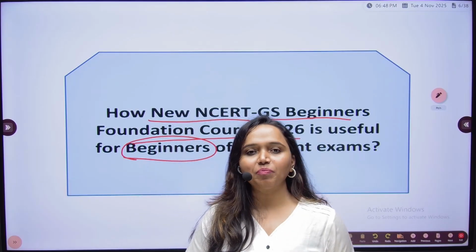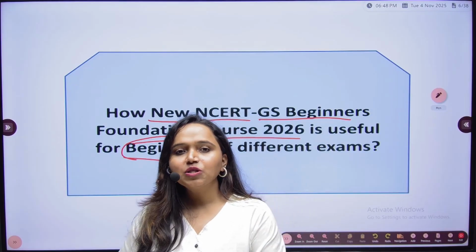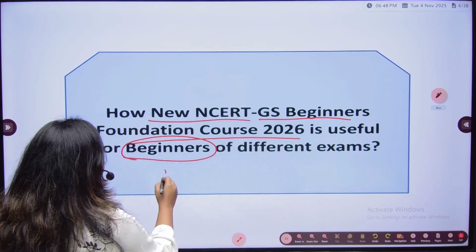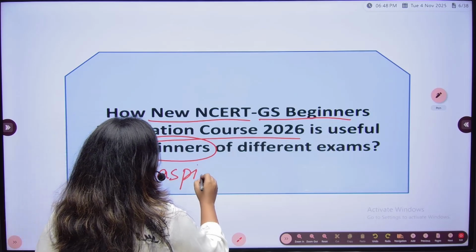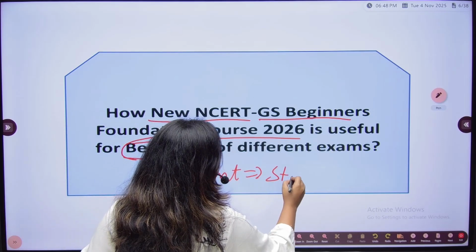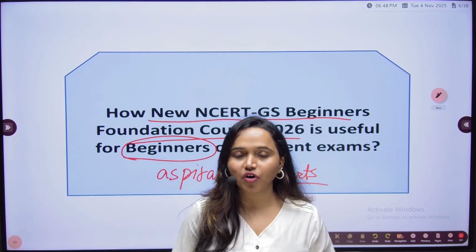The only thing that matters is at what time that person starts preparing for different exams. So when an aspirant starts preparing for an exam, then he or she can come under the category of a beginner.